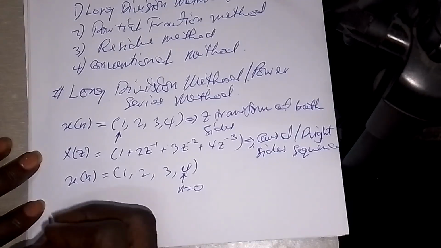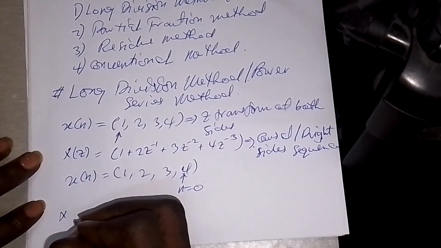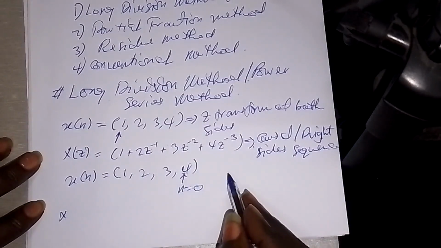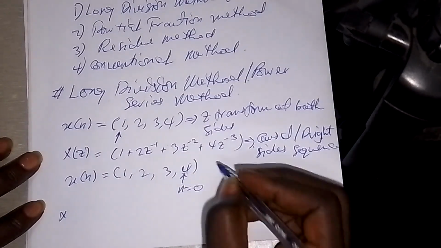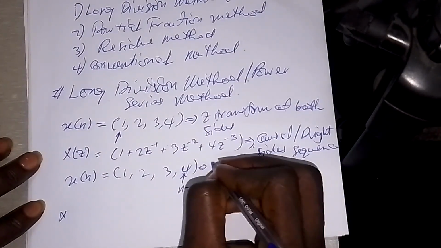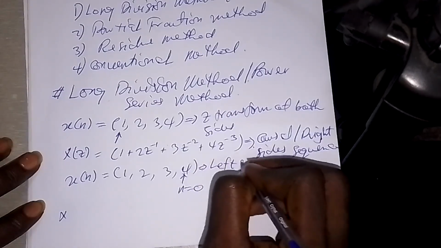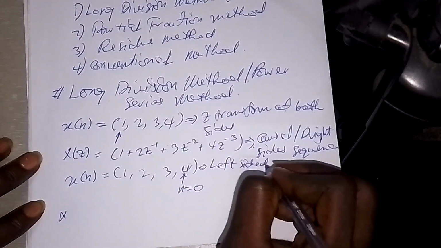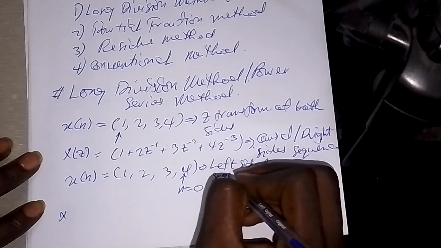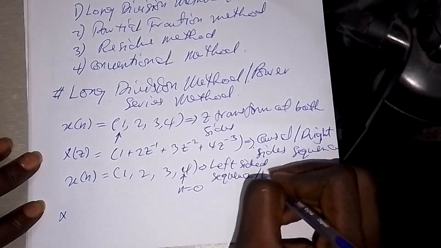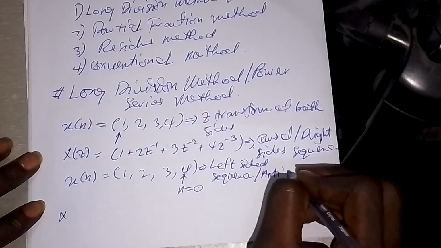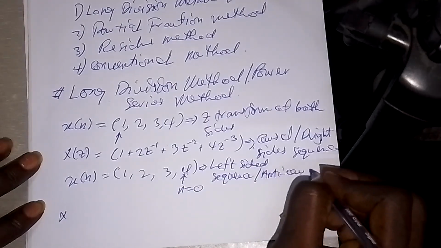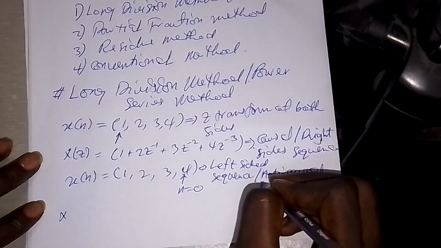So this one is called a left-sided sequence, or anticausal sequence.